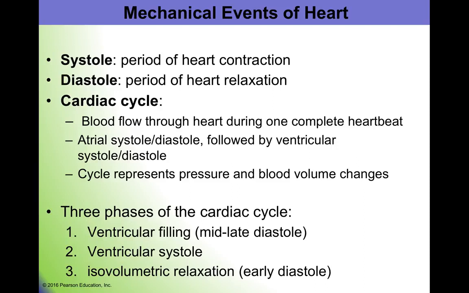Now we're going to basically connect that ECG concept to a cardiac cycle, which basically the three steps that allows the heart to effectively circulate blood within itself as well as through your pulmonary and your systemic circulation.